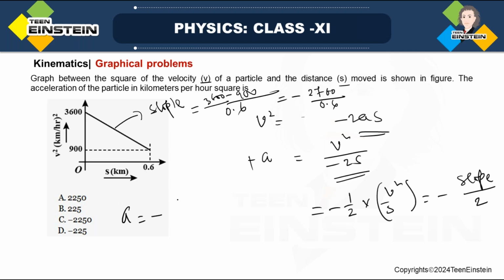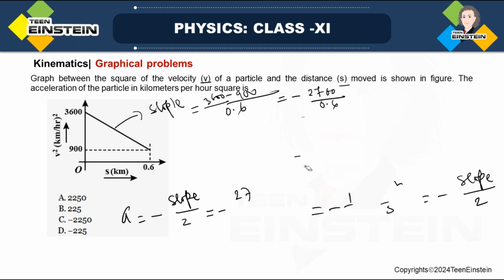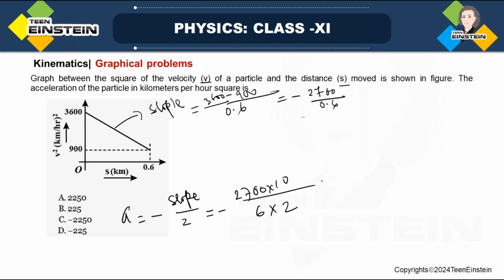Acceleration is actually, so this will be minus 2700 by this.